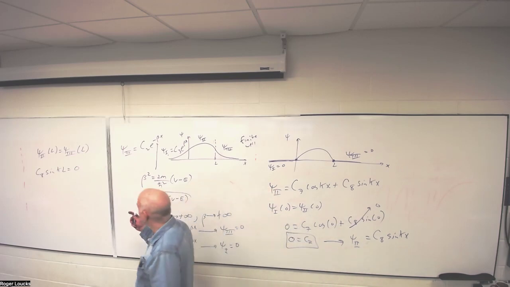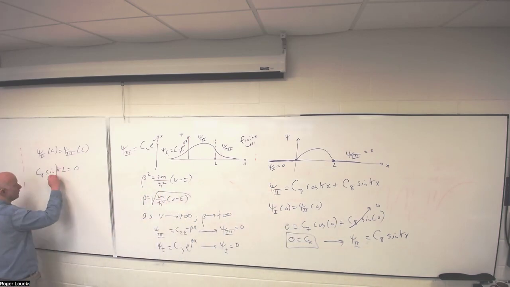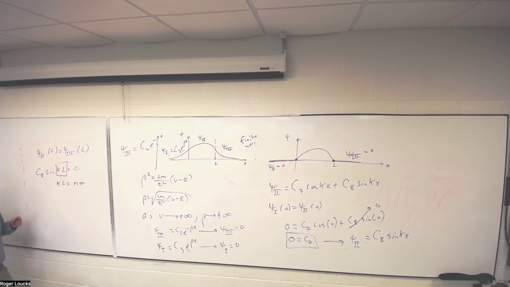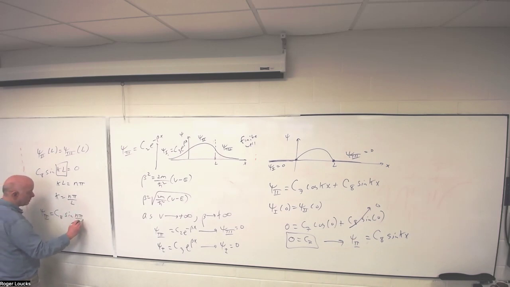In general, when is this going to be 0? When this argument is n pi. So what does this tell me? This tells me that k is n pi over L. So our wave function here would be this constant times sine of n pi x over L.